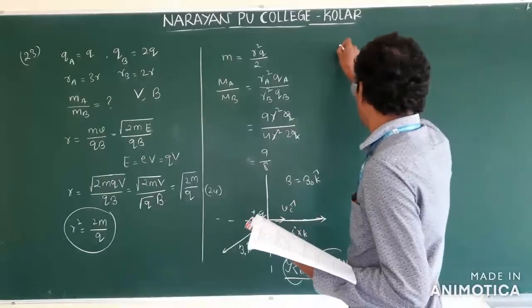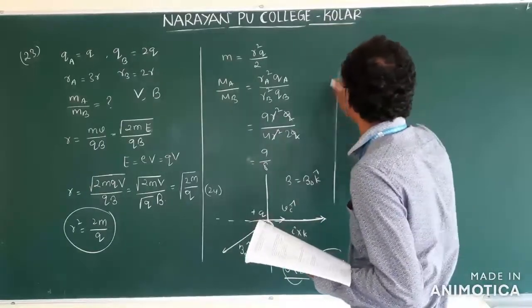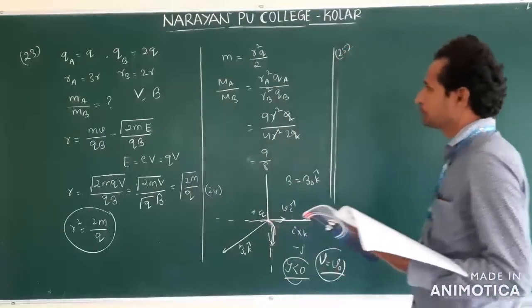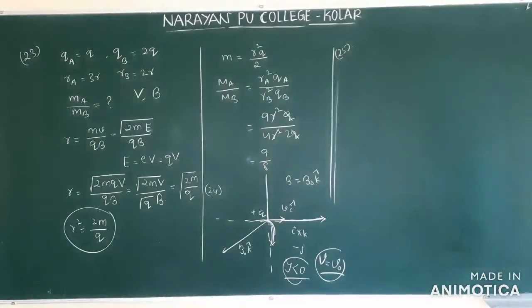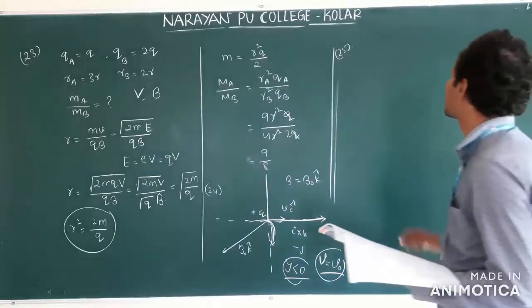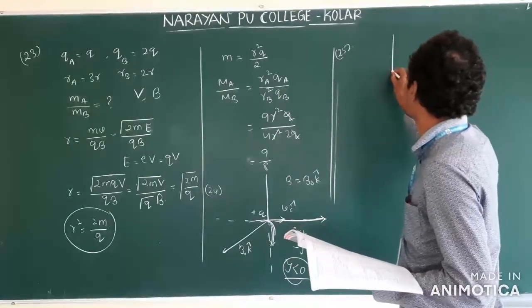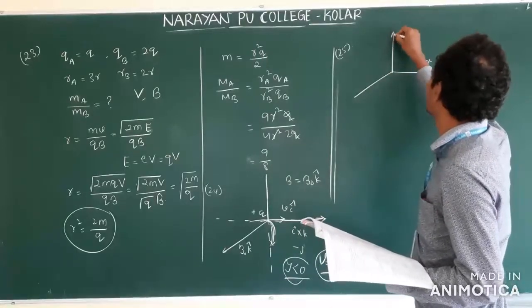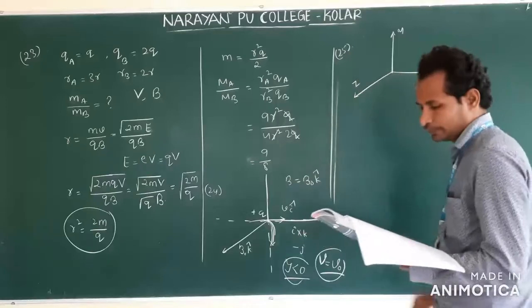Now come to the 25th. A proton is moving perpendicular to the z-axis. The magnetic field B naught is present along the z-axis, and the radius of the circular path is a. Angular momentum of the electron about the z-axis. X, y, z.